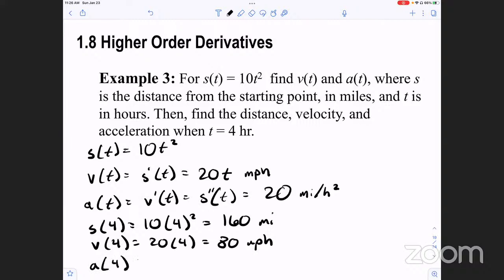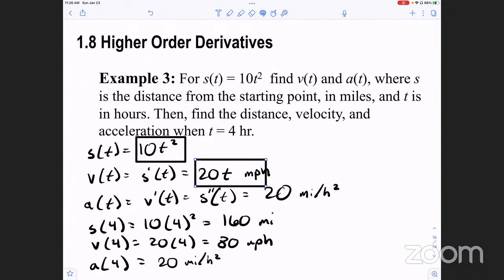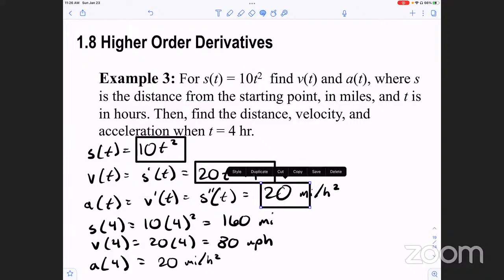Acceleration at 4 hours. We have a constant acceleration, so it's just going to stay 20 miles per hour squared.